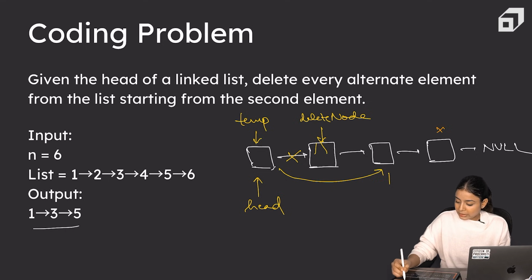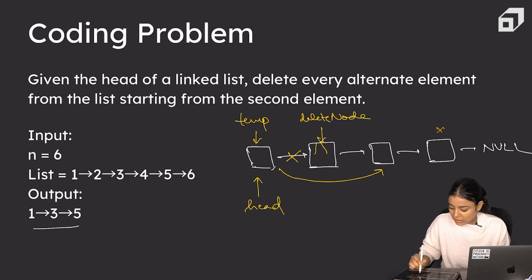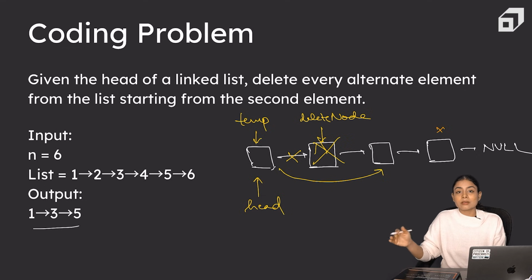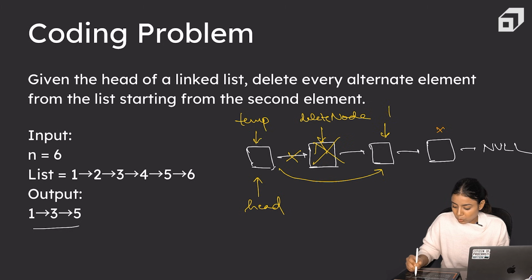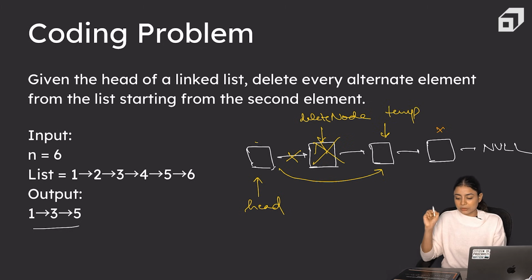So now temp next is pointing to the node that is after the deleted node. Since I have changed this link, I can conveniently delete this. Now I have to repeat the same thing till I have deleted all of the alternate nodes. So I'll move my temp pointer to temp of next, which will be here, and I'll go through the same process again.